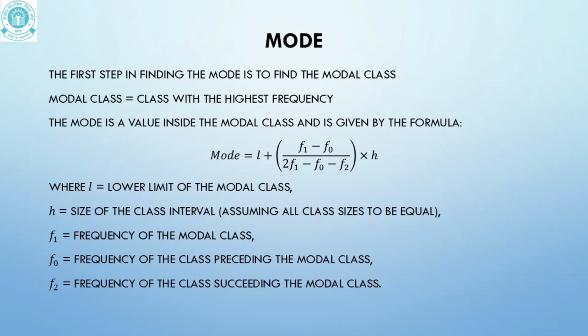So we are assuming that all class sizes are equal. f1 is the frequency of the modal class, f0 is the frequency of the class preceding the modal class, and f2 is the frequency of the class succeeding the modal class.